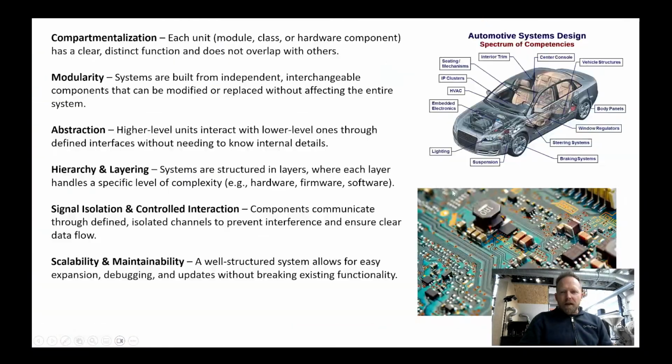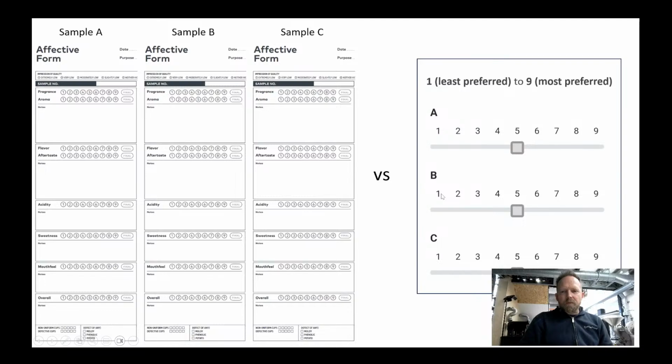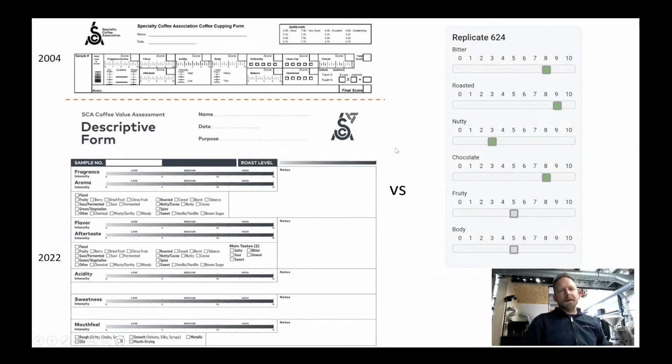All right. So you can see here the old 2004 SCA cupping form and the 2022 one, which is just overcomplicated, because this is from our sensory software. You can see that in a research project you score a sample, you would just score them all on the same scale, right?